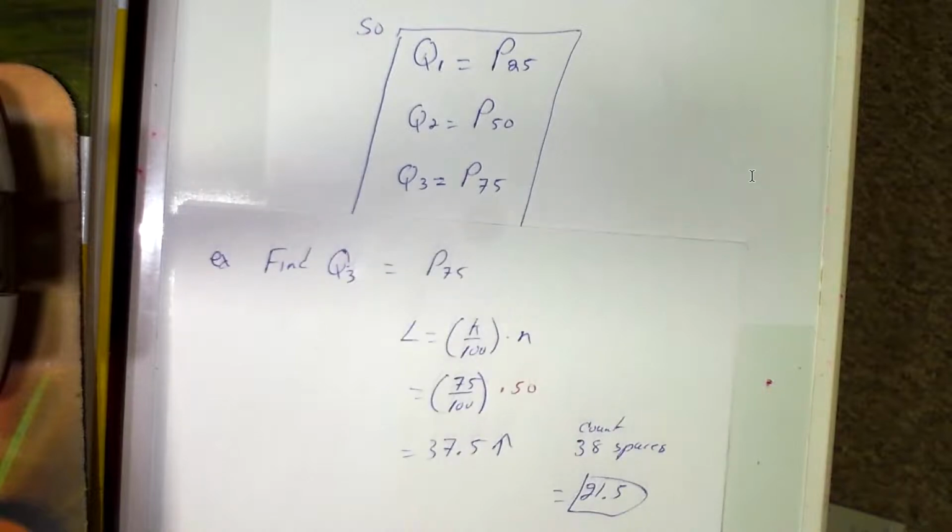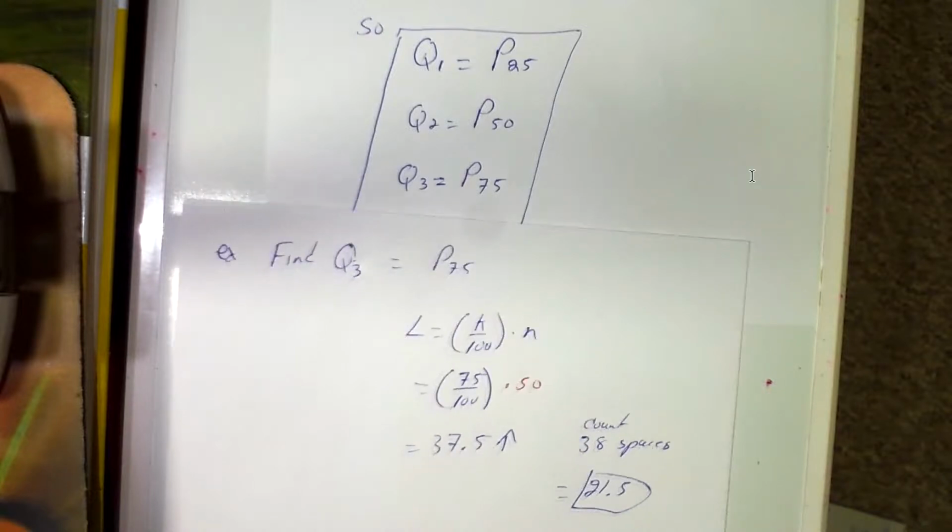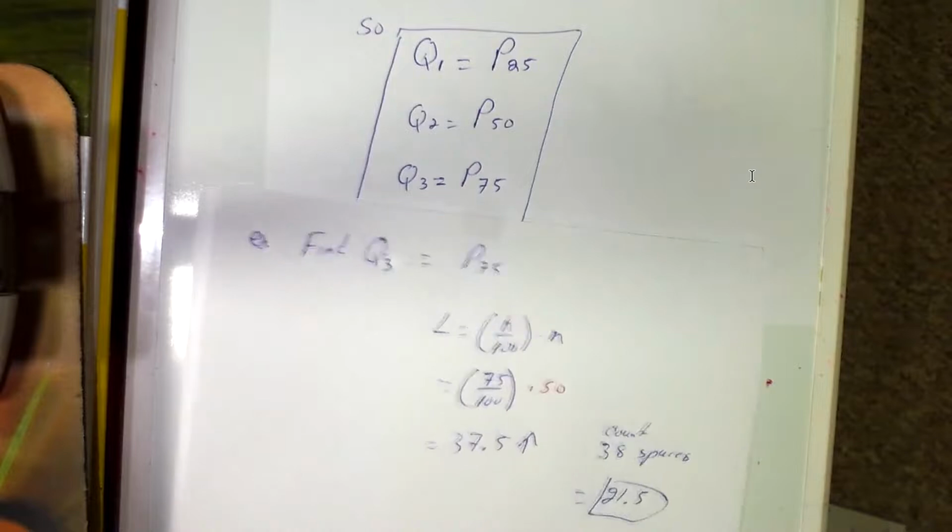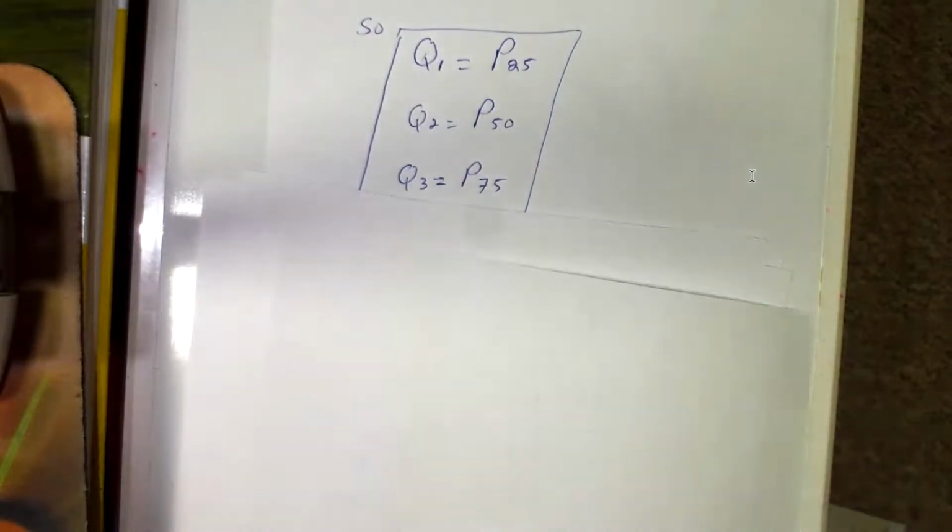All right, so we got quartiles. And the last thing we're going to do is what we call a box plot.